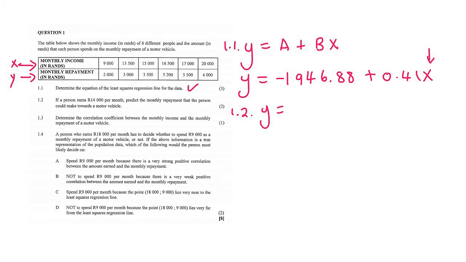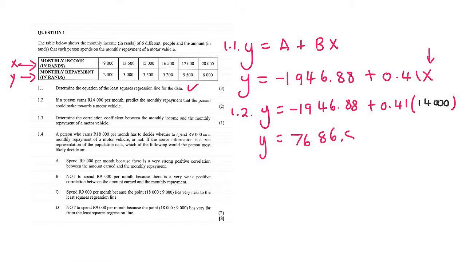So it's going to end up giving us Y equals, and then I'm going to plug in the value that they've given us, which is 14,000, and that gives us 7,686.88, and that would be in rands. So we would go like that, and then I would just take out the Y. So there's our answer for that one.